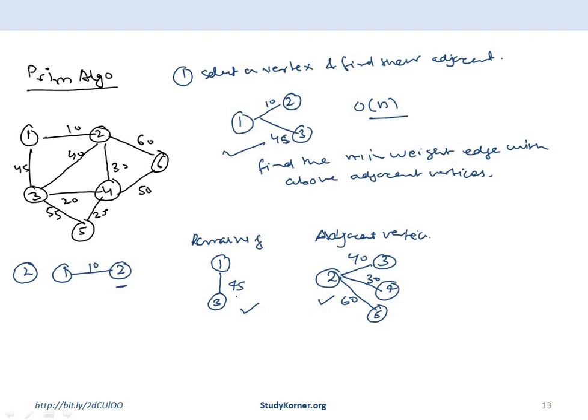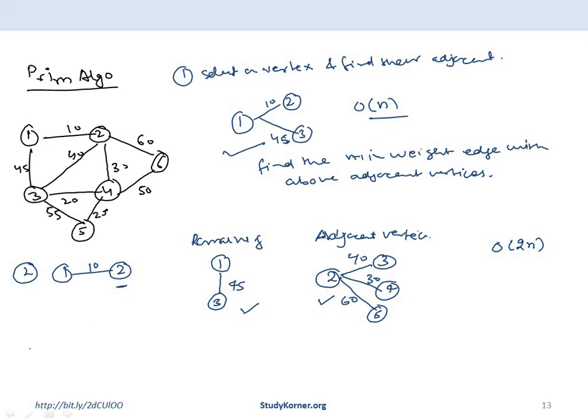Whatever edge is minimum, the vertex is added to my current spanning tree with the condition that no loop is formed. Finding the minimum edge will take order of n time. We need to do the steps in two arrays, the remaining one and the adjacent one, so at each step order of 2n time, n plus n, would be taken.